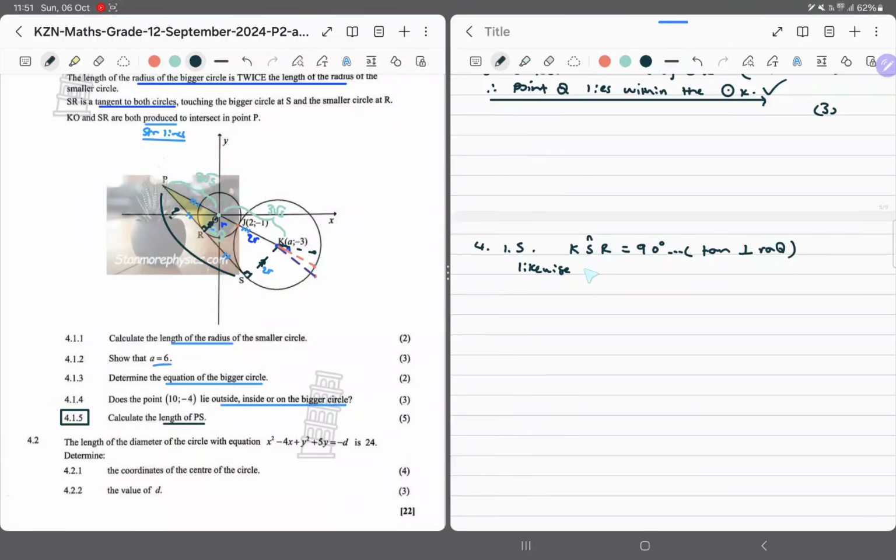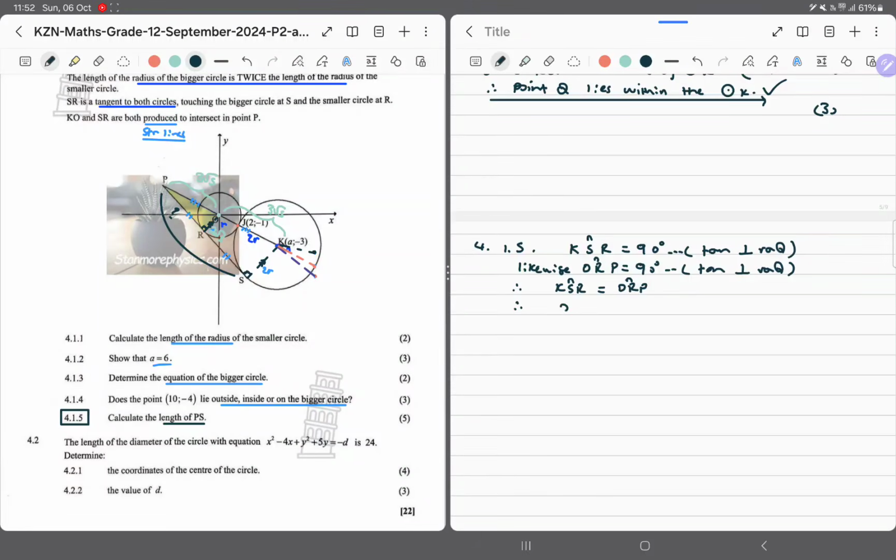We know that angle ORP is also 90 degrees. Again, tangent perpendicular to radius. So what does that mean? It therefore means KSR is equal to ORP, each equal to 90.